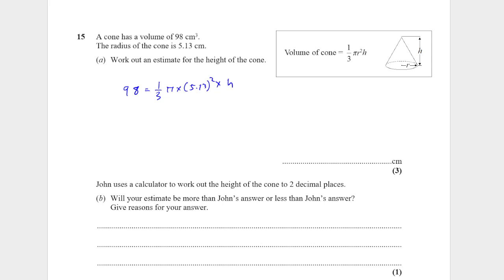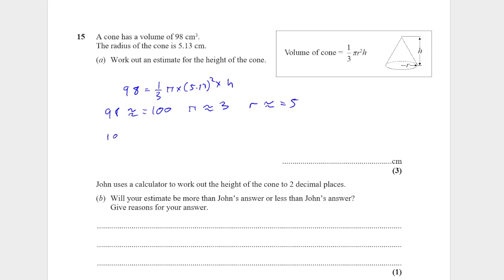So I'm now going to use some approximation. 98 is approximately equal to 100. Pi is approximately equal to, I'm only going to one significant figure, 3, and the radius is approximately equal to 5.